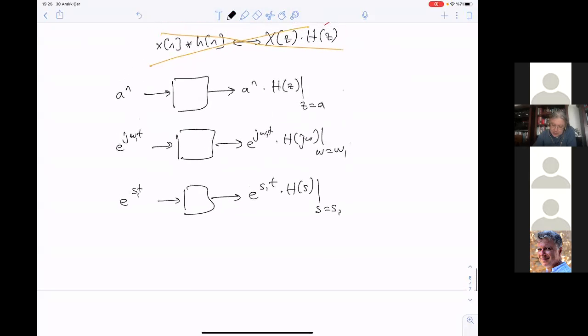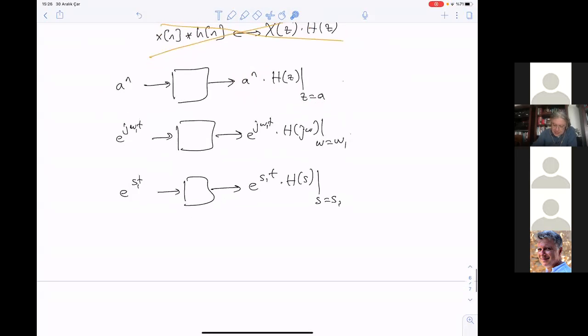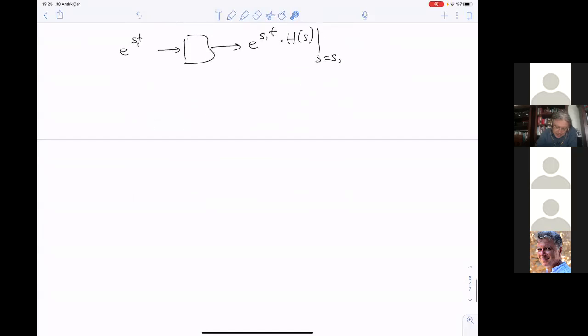So if the input is 2 to the n, the output is 2 to the n times h of z at z is equal to 2. Let's say h of z is 1 over 1 minus b z inverse, where b is unknown.